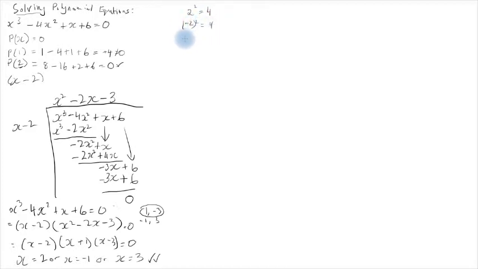However, 2 cubed is equal to 8, and minus 2 cubed is equal to minus 8. So here, if you were to take the square root of 4, your answer could be minus 2 or 2. You're not sure.